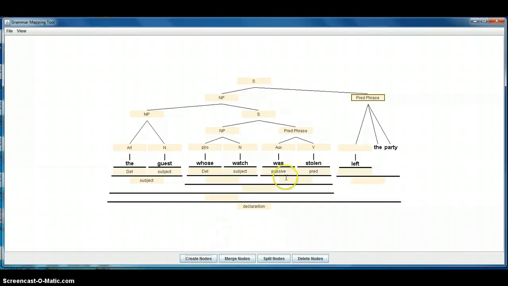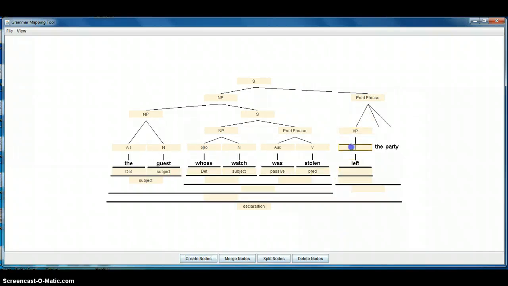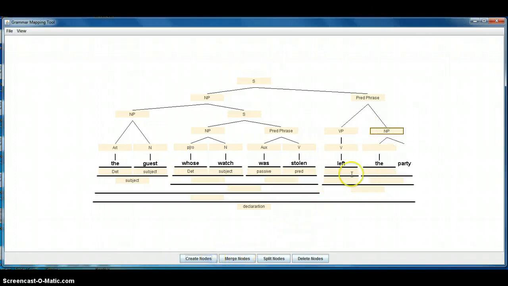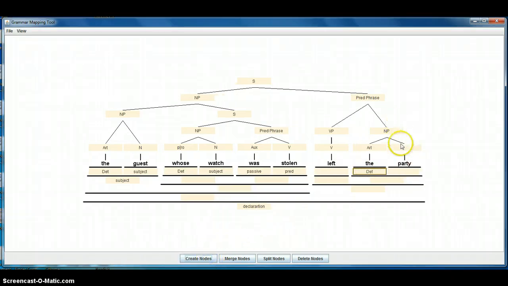So we could make it VP and then V if we want to, and then the party is a noun phrase, and so D is an article, the determiner, and then party is a noun, and it's also a direct object, as we know.